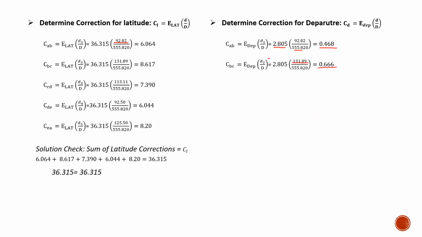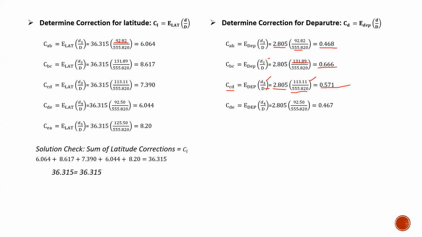That is equal to 0.66 meter. For the correction in the line CD, error in departure times the corresponding length all over the total length, which is 2.805 times 113.11 meter all over 555.820. That is 0.571 meter.